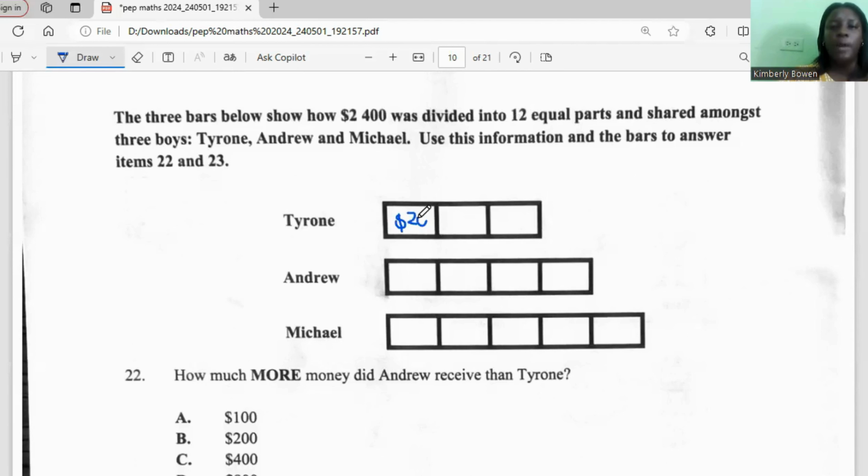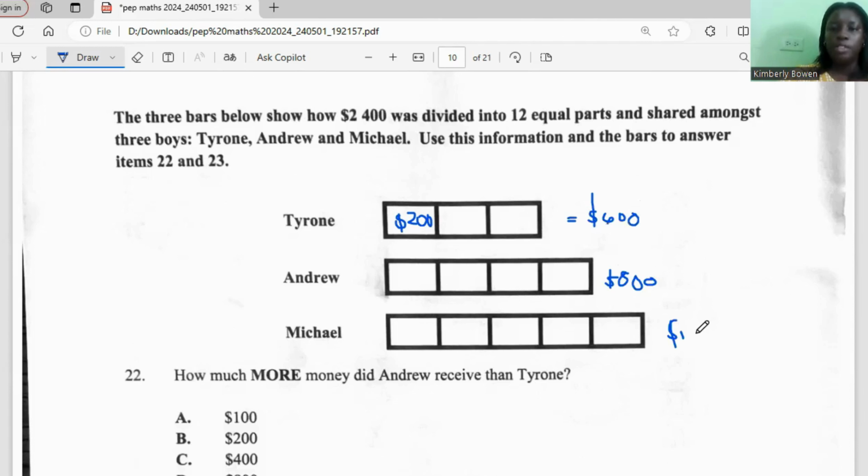And if each of these parts is 200, that means that Tyrone has $600. Andrew has $800. And then Michael has $1,000.